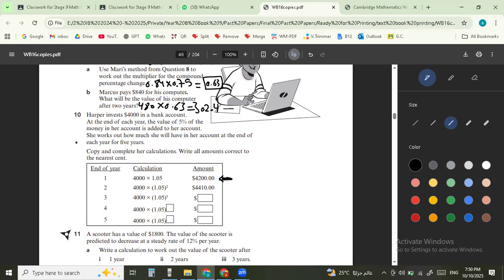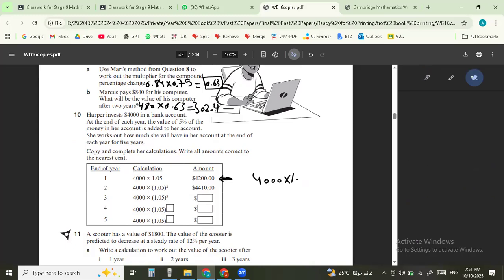The second year, here we got 4,000 multiplied by 1.05, but to the power of 2. Oh, Mr., why to the power of 2? Yes, because each year it increases by 5%. So if you do it this way, it's 4,000 times 1.05 after the first year.